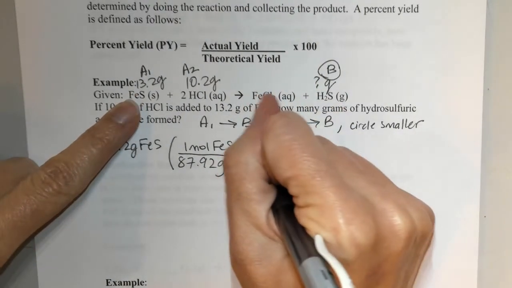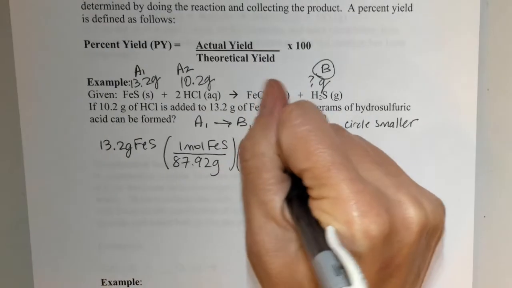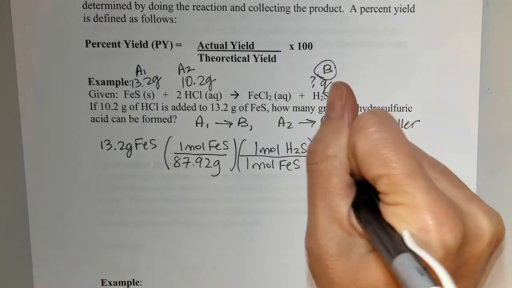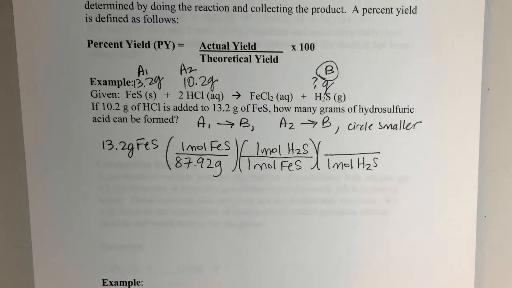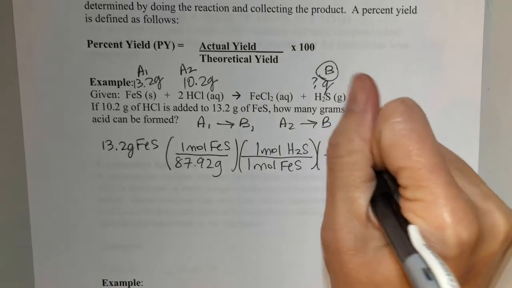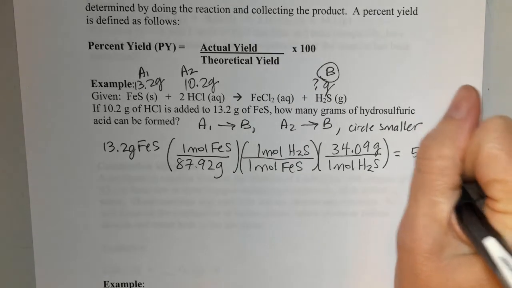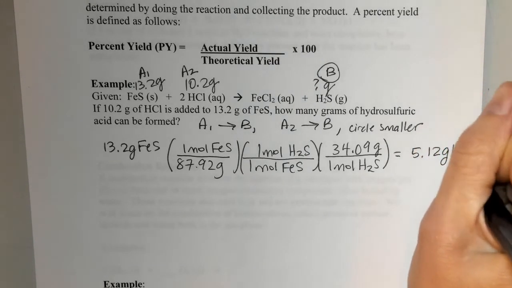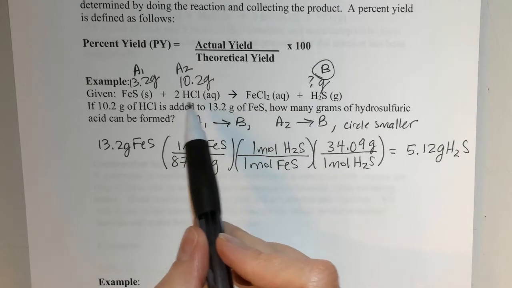So balanced equation, for every 1 mole of FeS, make sure you go to your product, we make 1 mole of H2S, and then to get to grams, for 1 mole of H2S, 32.07 added to 2 hydrogens, I get 34.09 grams for the molar mass of the H2S. So taking my 13.2 divided by 87.92 and then times 34.09, I get 5.12 grams of H2S.